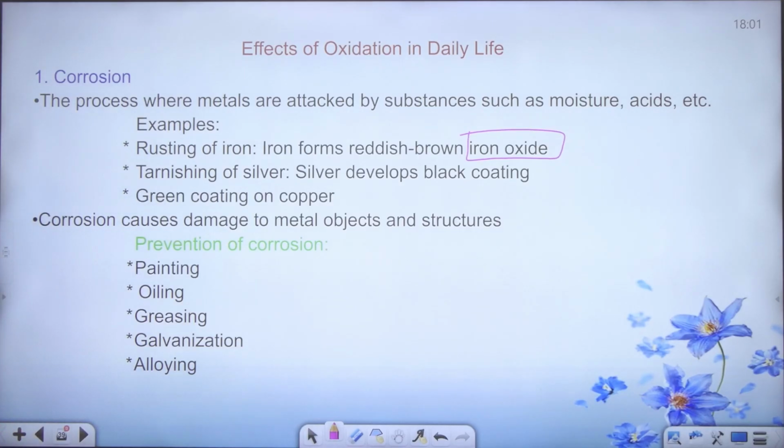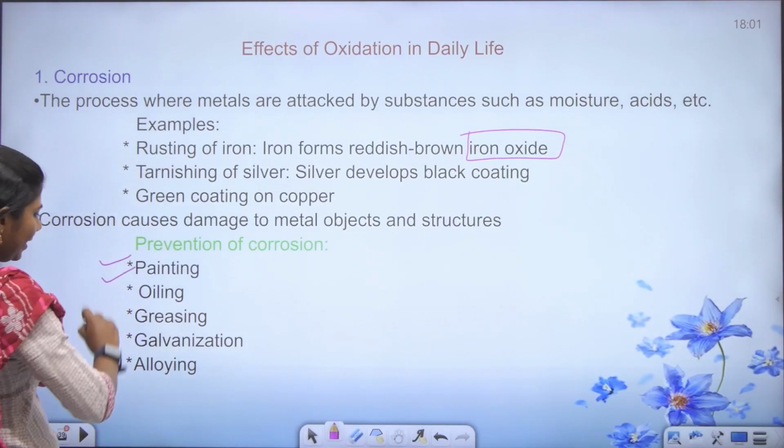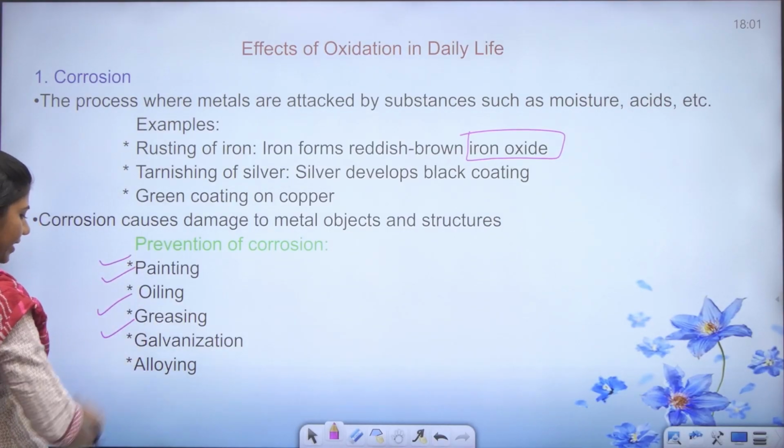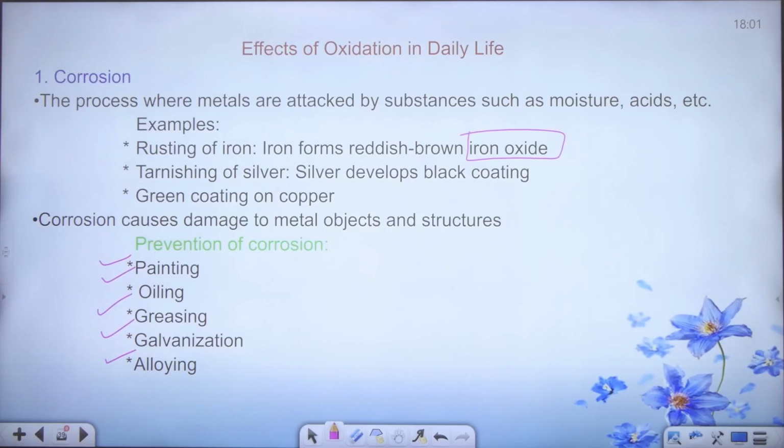Rusting of iron is the best example. Then how to prevent corrosion? Painting, applying oil, grease, galvanization or alloying. Painting, oiling, greasing, galvanization or alloying are the prevention methods of corrosion.